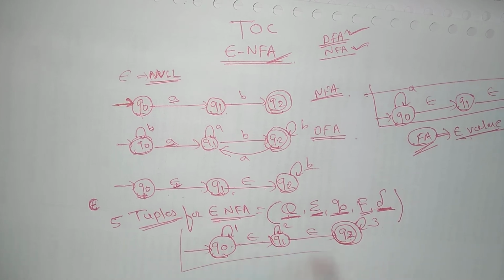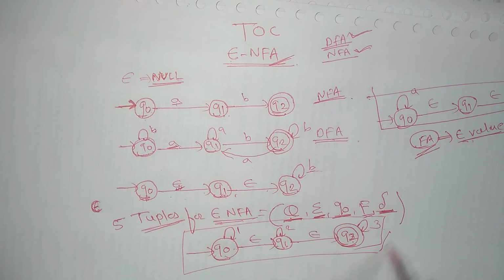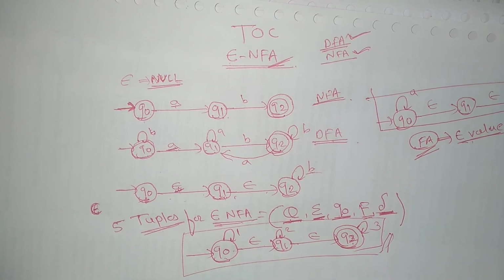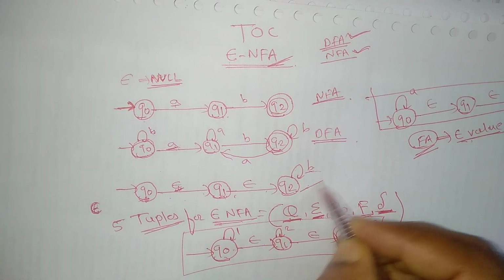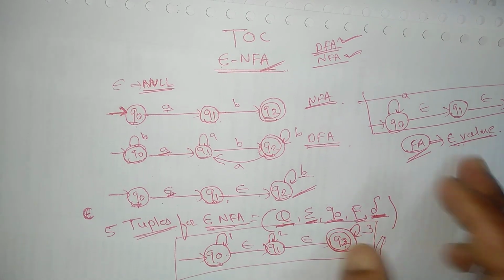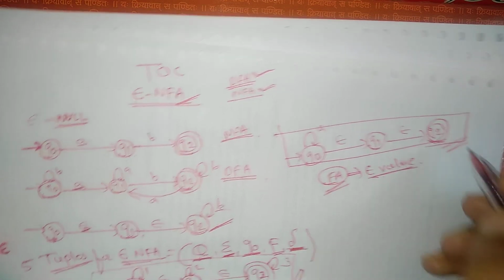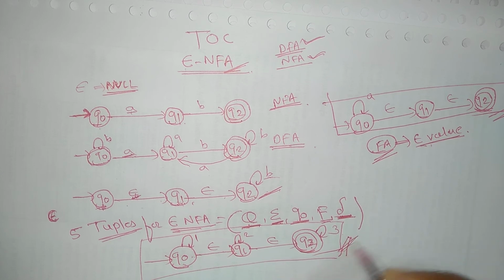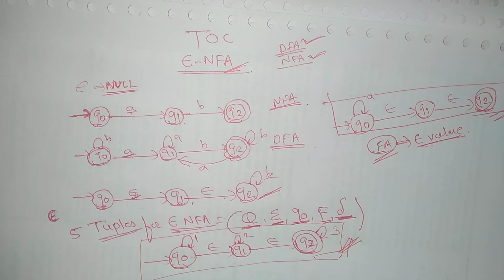So we have used epsilon input here. So this is nothing but epsilon NFA. So we have seen 3 examples. This is epsilon NFA, this is the second example, and this is the third example of epsilon NFA. We will say epsilon NFA whenever we use epsilon value there.